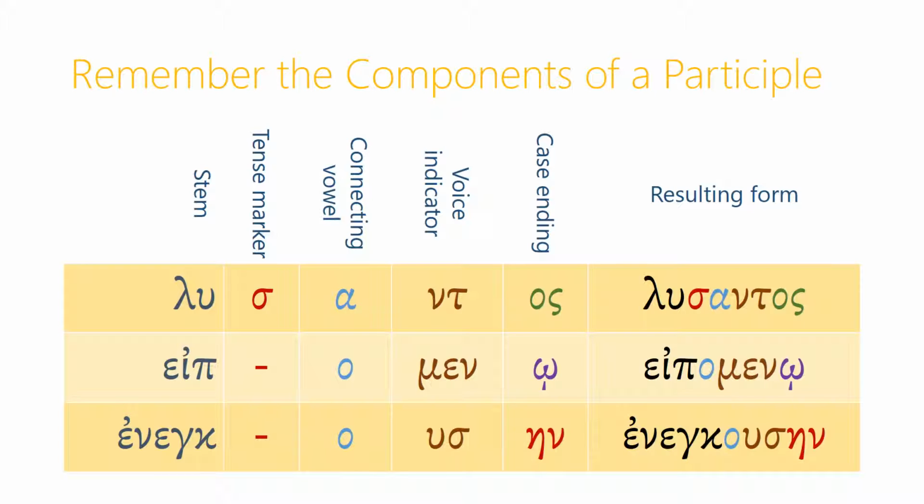And at the end, then we had the case endings, either third declension or first declension, or in some cases second declension and first declension. So we get resulting forms like lusantos, epomeno, and enenkusane.